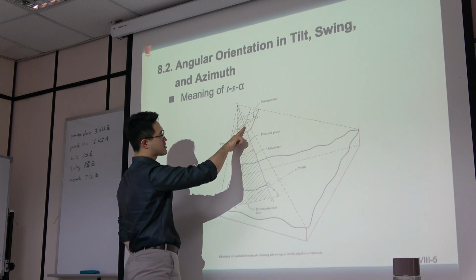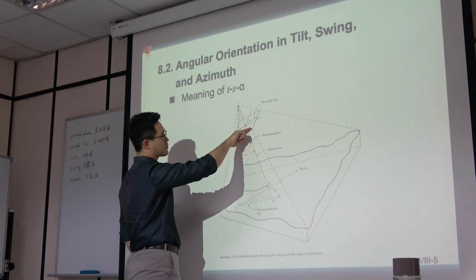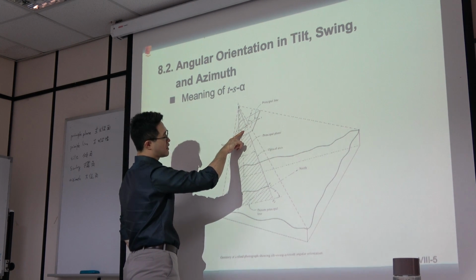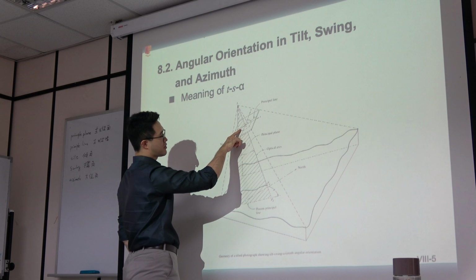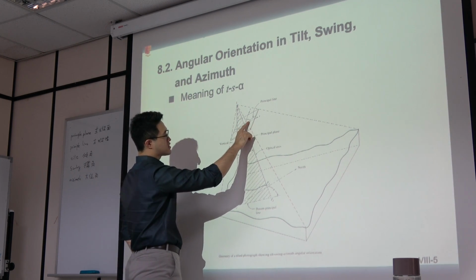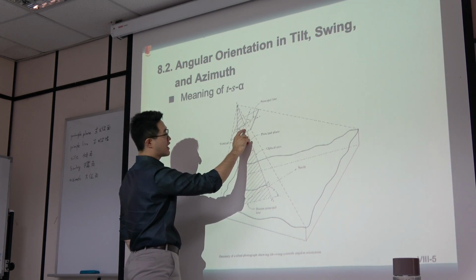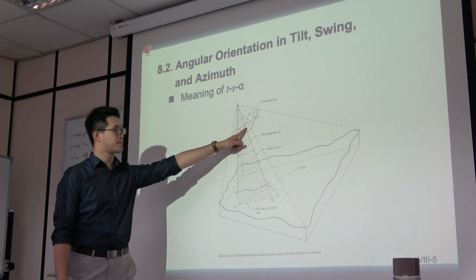The swing angle starts from the y-axis and goes clockwise to the principal line over here. In this case, this angle over here is a small s. That is the swing angle. Right? Swing angle is over here.